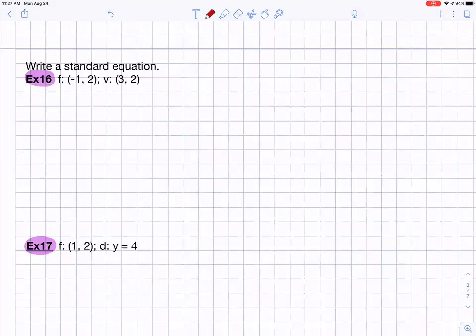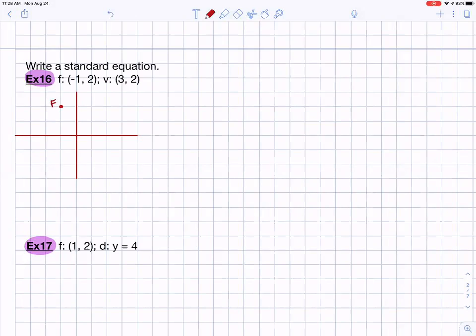What does tip number 1 say? Sketch what you got. Okay, so let's draw this. Let's figure out what's going on. Okay, so I have here -1, 2, and I'm going to call this the focus.